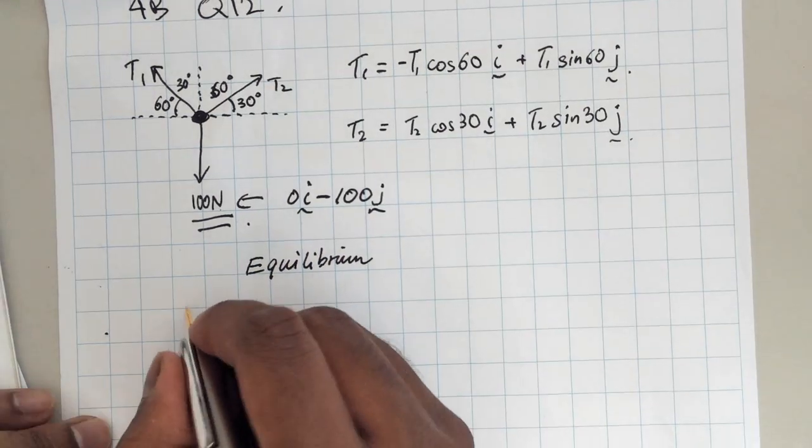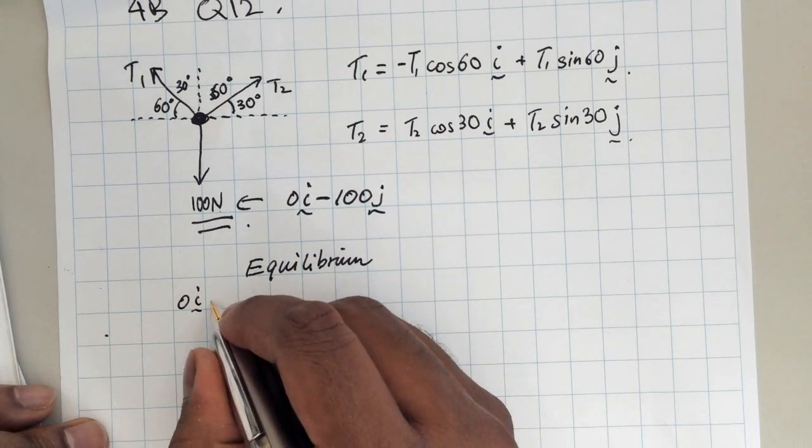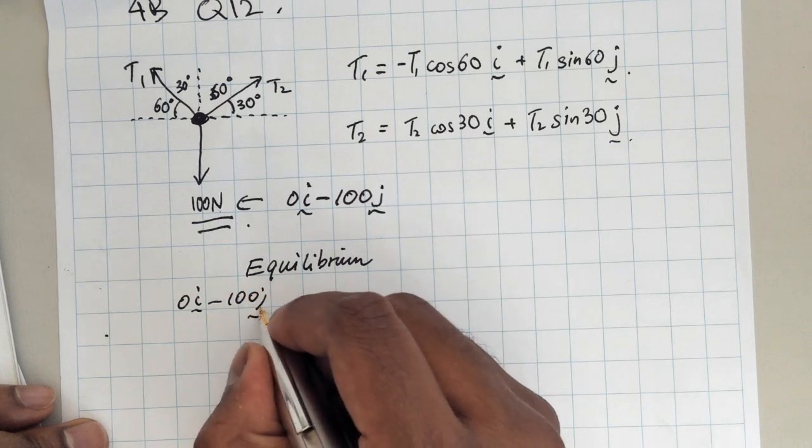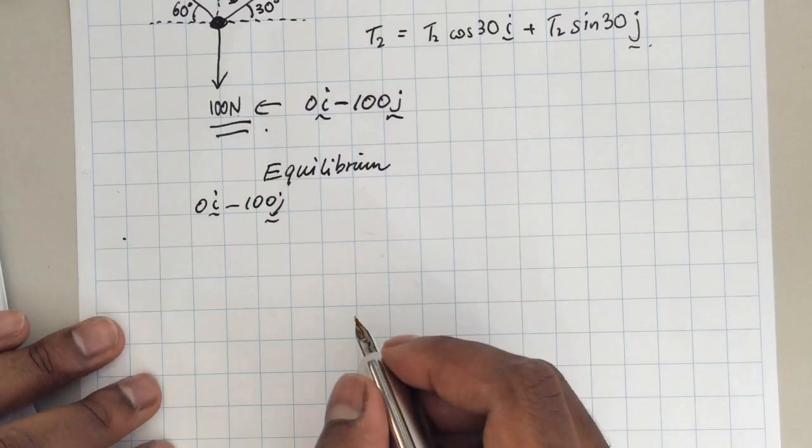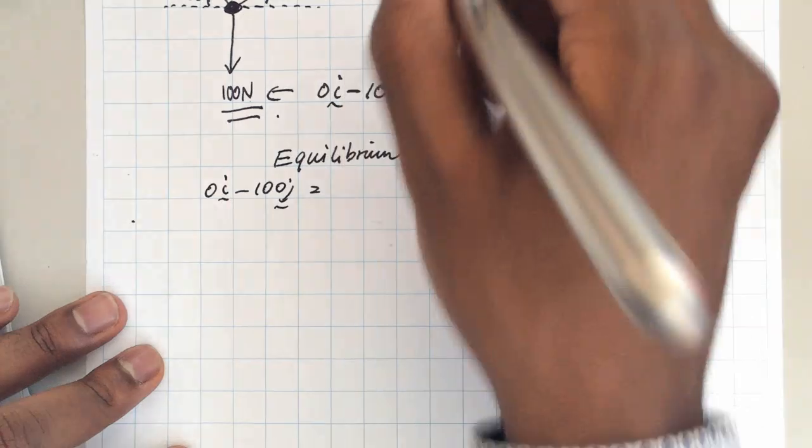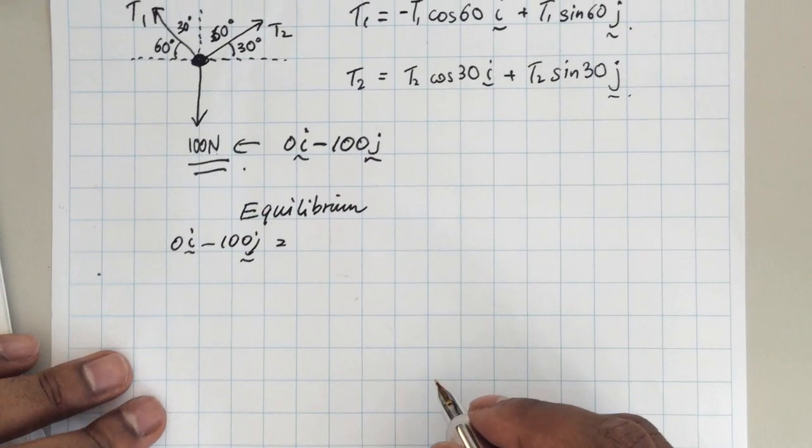Which means that this over here has to equal T1 and T2, which I'll write in their full form.